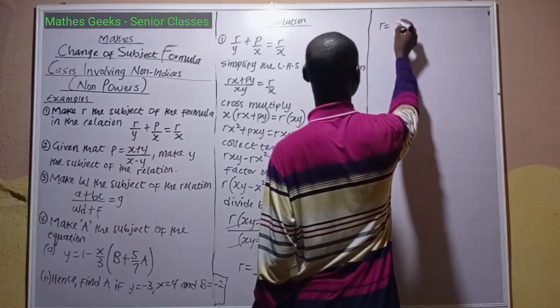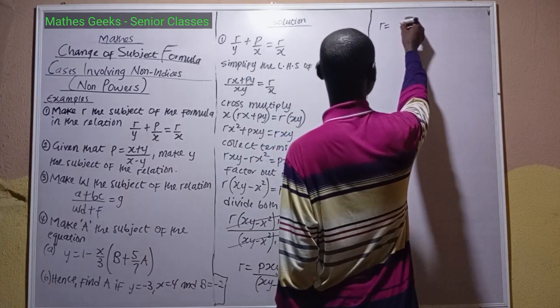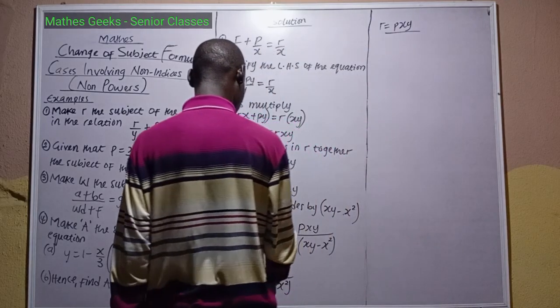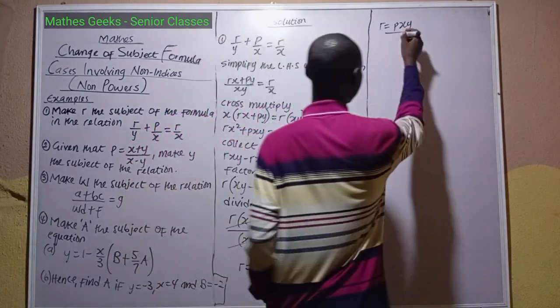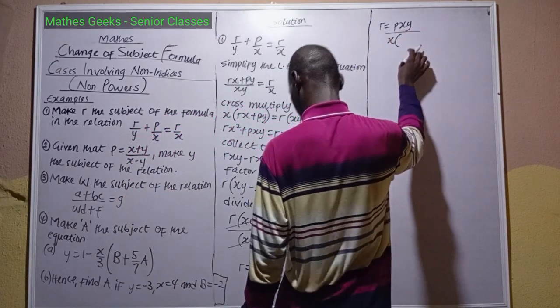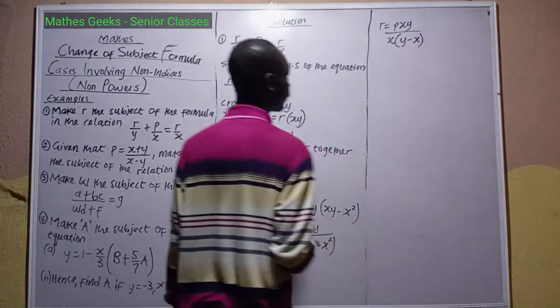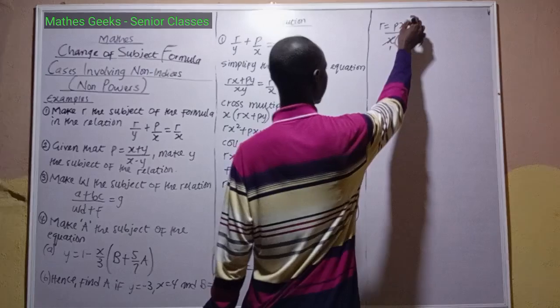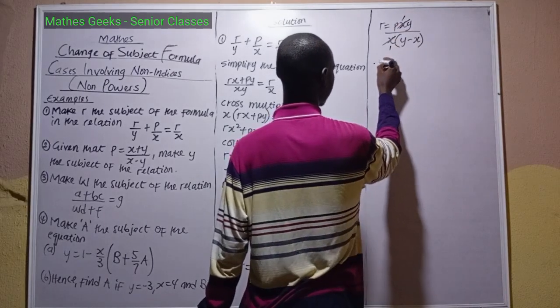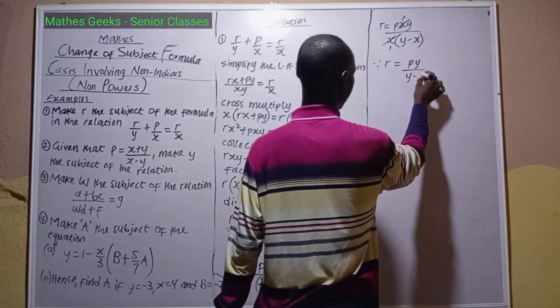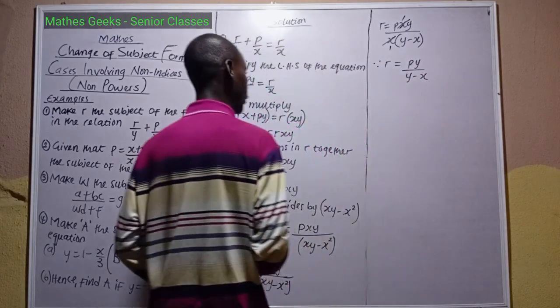So r is equal to pxy over xy minus x squared. We can factor out x, x is common to this: x(y minus x). So x cancels x here. Therefore r is equal to py over y minus x.